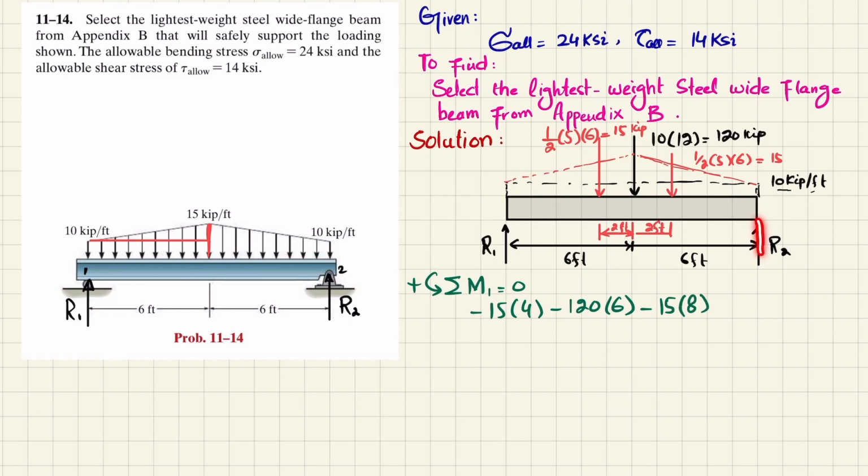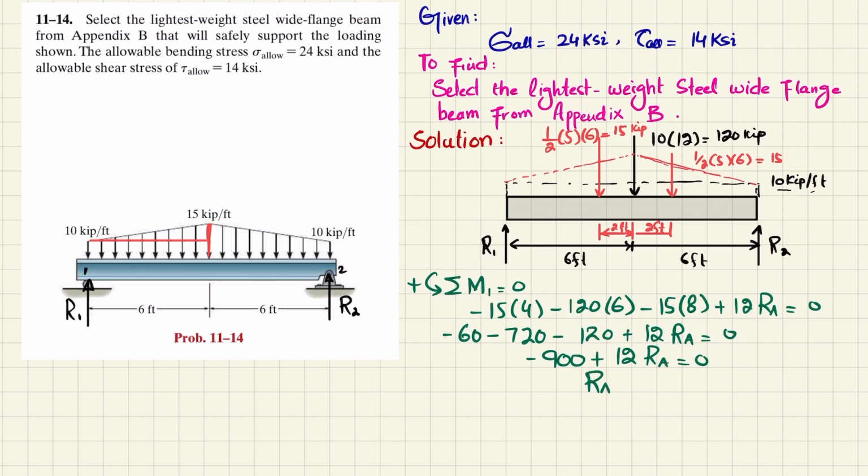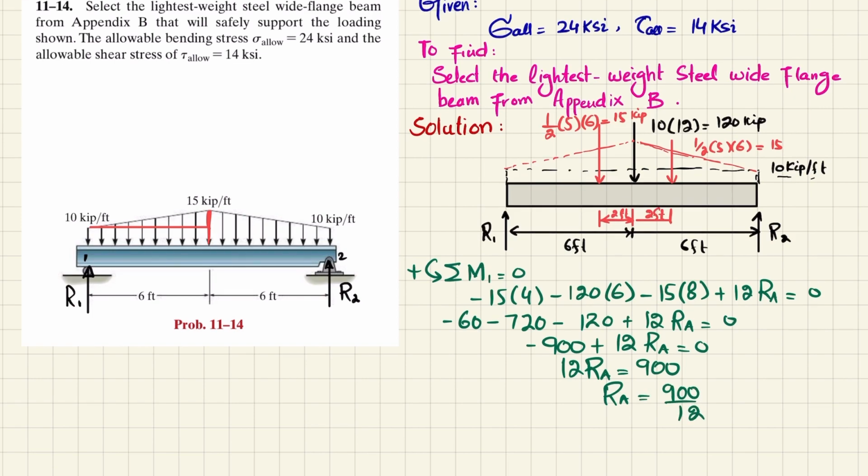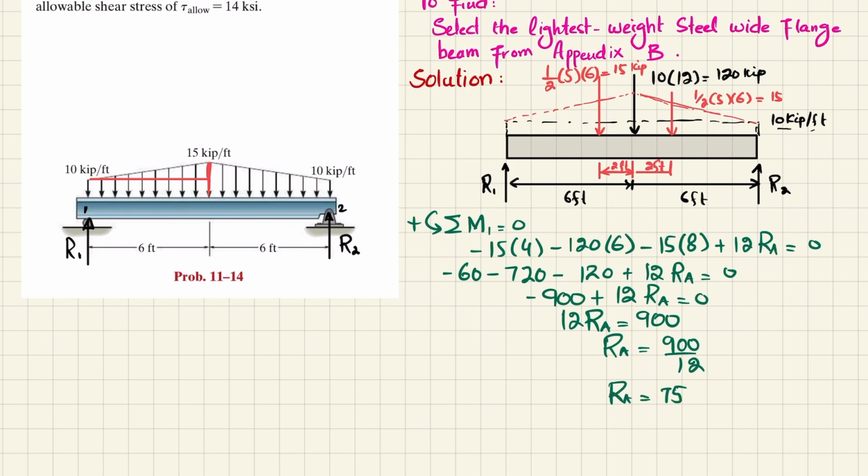The last force producing moment about point 1 is R2 into 12, which is counterclockwise, so positive: plus 12 R2 equals 0. So you get minus 60, minus 720, minus 120, plus 12 R2 equals 0. Adding these, 720 plus 120 is 840, plus 60 is 900, so 12 R2 equals 900, and R2 equals 900 divided by 12, which is 75 kips.